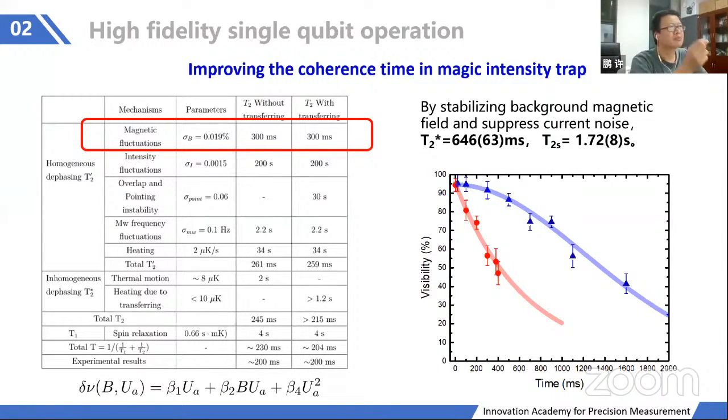We use a magnetic field detector, which has a sensitivity of 1 milligauss. It was outside the chamber, right? So it was not an atomic signal.